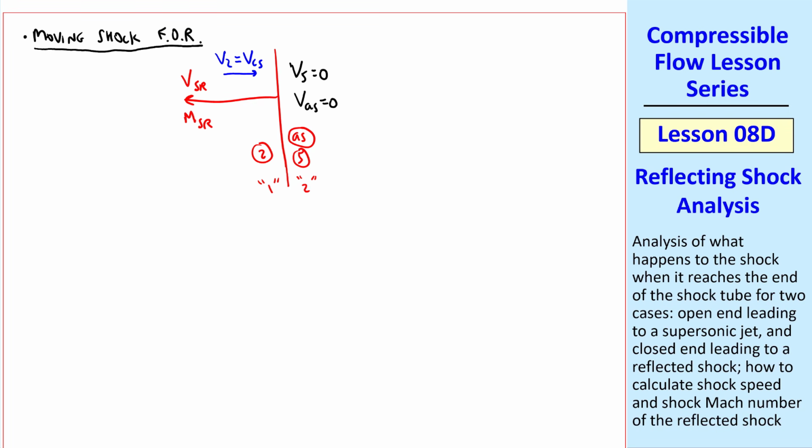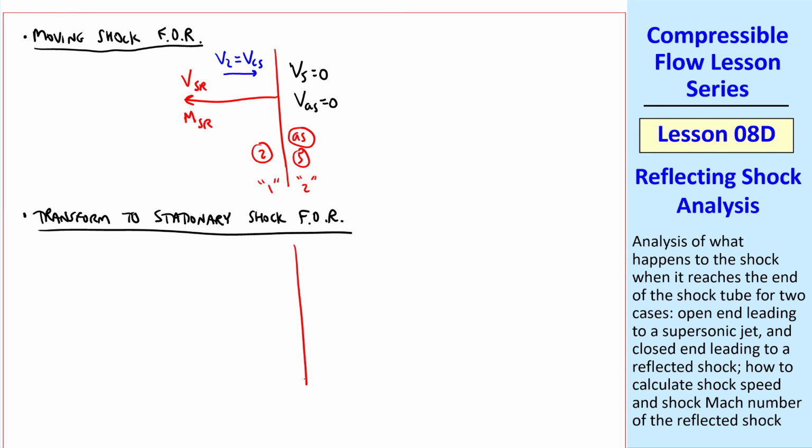Now we have to transform from the moving shock frame of reference to the stationary shock frame of reference. Here's our shock with regions 2 and 5, but now the shock is stationary. And how do we do this transformation? Well, since the shock is moving to the left, we have to add the shock speed of the reflecting shock, VSR.